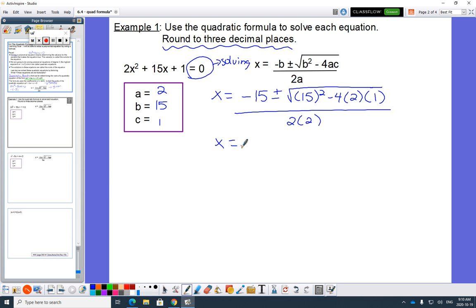I'll write that down first. So 15 squared is 225. 4 times 2 times 1 is 8. 2 times 2 is 4.